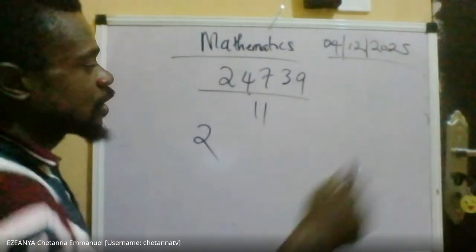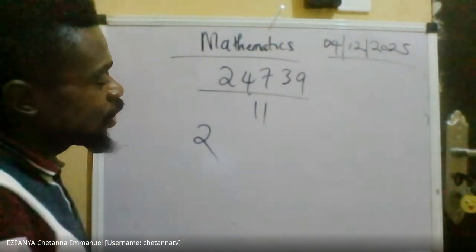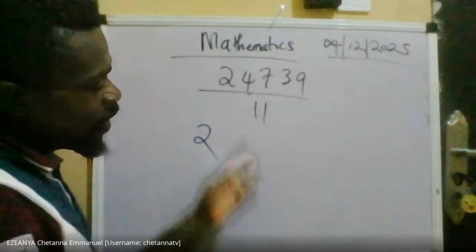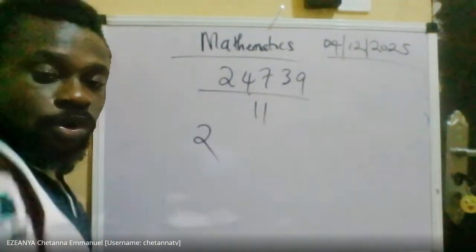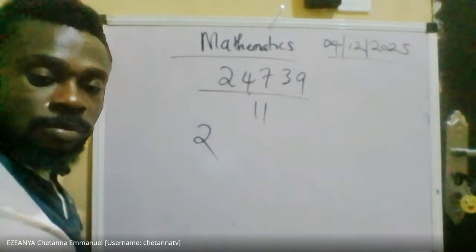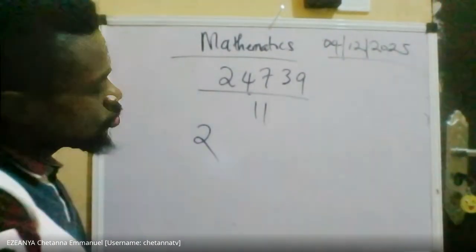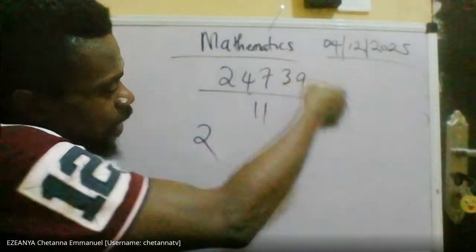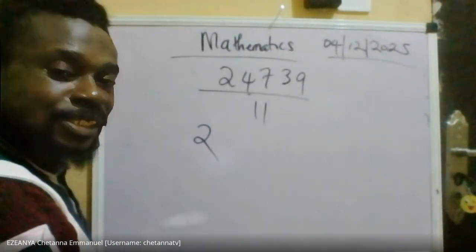24 divided by 11 is 2, because you can find 2 11s inside 24. 2 remainder 2. That remainder you multiply by the base you are working on. We are working on base 10. 2 times 10 is 20.